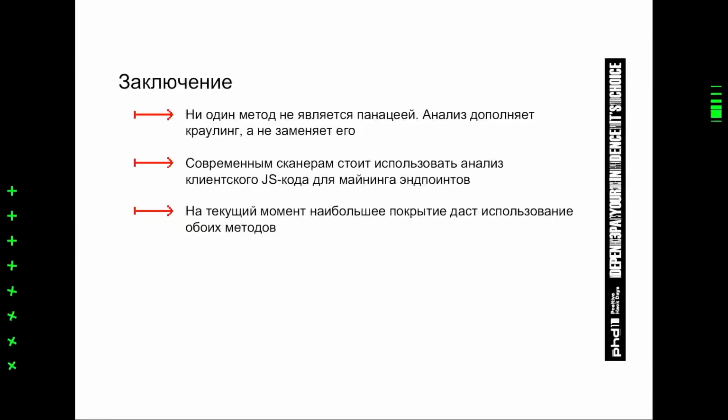As far as endpoints and vulnerabilities are concerned, none of the methods is a silver bullet. JS analysis is not better than dynamic crawling. It's rather a complement to it. Dynamic crawling is better in some things, in some data entry points, and the static scanner is better in other things. The static scanner is good at searching endpoints.